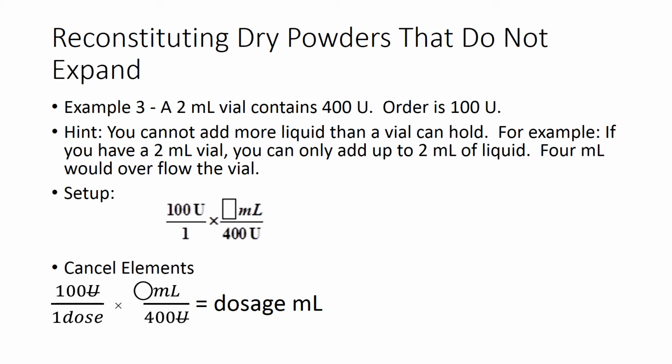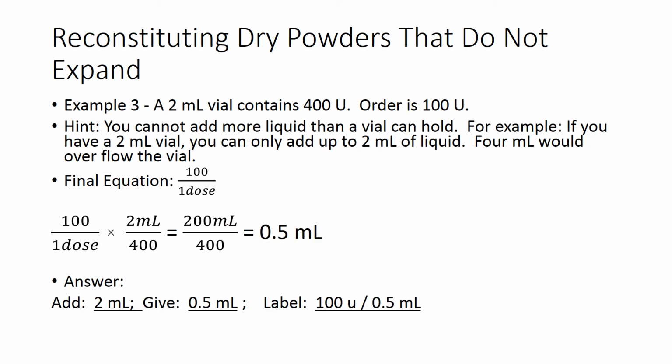So your setup is the same as always. You have your dosage, which is 100 units per dose, and you have your number of mLs for 400 units, and the 400 units is what's in the bottom of the vial. You cancel your unit elements as such, and that gives you your dosage in mL. So your final equation will be 100 units divided by 1 times 2 milliliters divided by 400.